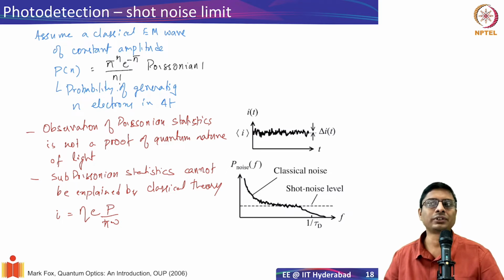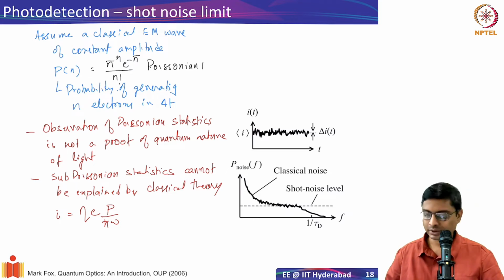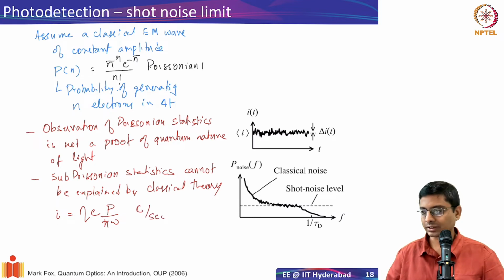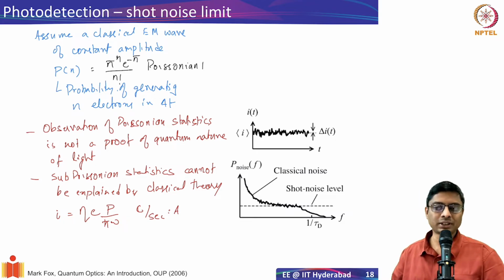For every 10 photons, how many electrons are generated, let's say. Okay, that is the quantum efficiency. So quantum efficiency times electronic charge will give you the charge. And the number of photons is power divided by h cross omega. So eta times the number of photons gives you the number of electrons, times charge divided by time gives you the current, right? So this is charge per unit time, coulombs per second. So current. The unit is going to be amps. Okay. So this is how the photocurrent is generated.